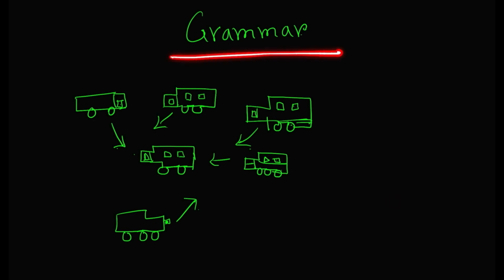Grammar helps us put words in the correct order so that our meaning is clear. Grammar isn't just rules to memorize for a test, it's the structure that makes your sentences make sense.